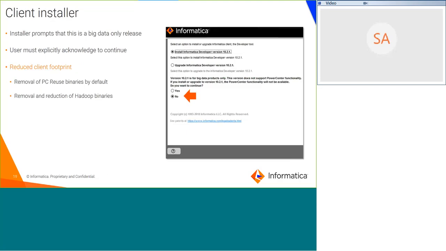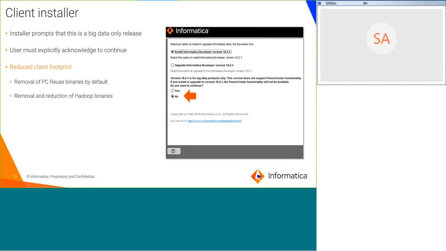And then the other improvement we have done on the install side is also to improve our client installation. So starting 10.2.1, since it's a big data only release, we have actually simplified our install even on the client side. So the footprint or the binary size of our client library is now very less compared to what it is in 10.2, because by default we have removed PC reuse binaries, and we have also removed some of our Hadoop binaries which are no longer needed.